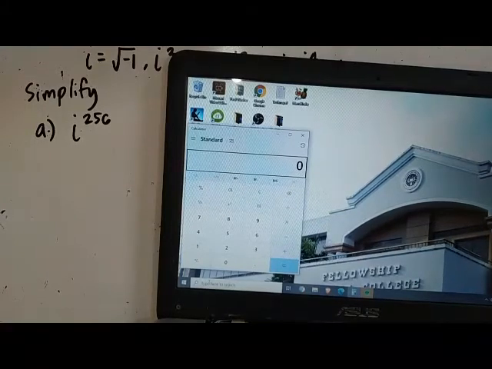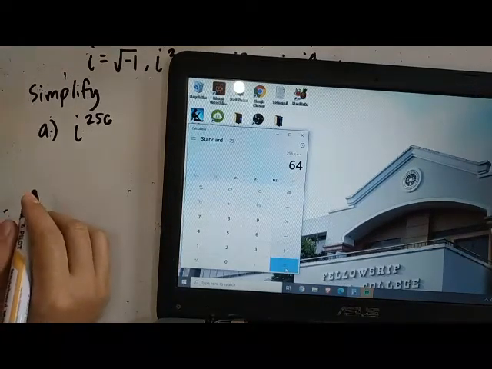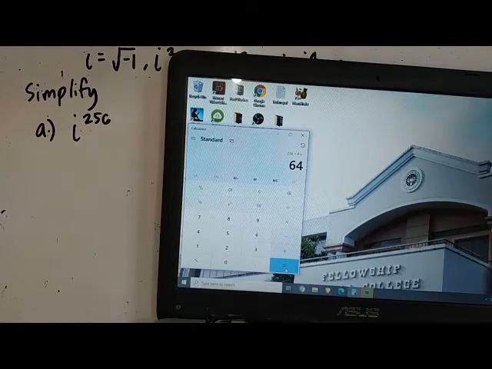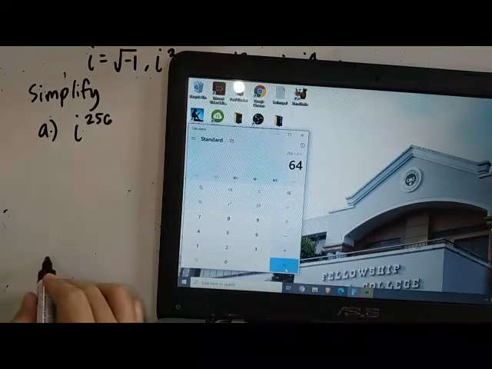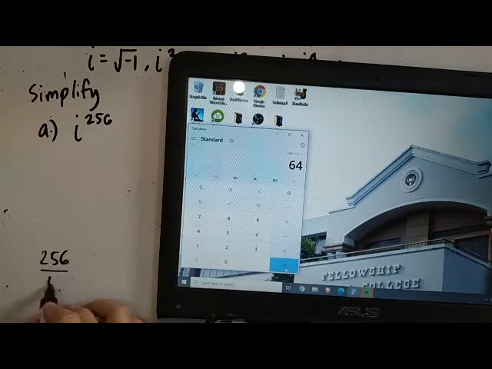So 256 divided by 4 equals 64. So ang guaya is 256 divided by 4 is equal to 64.